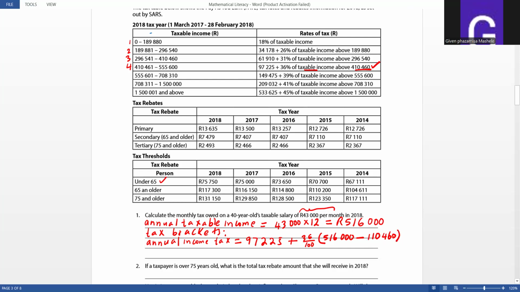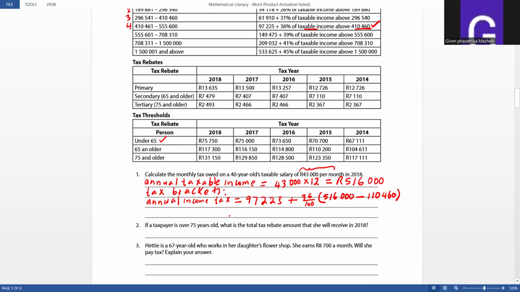So we'll have 97,225 plus 0.36 of the difference.